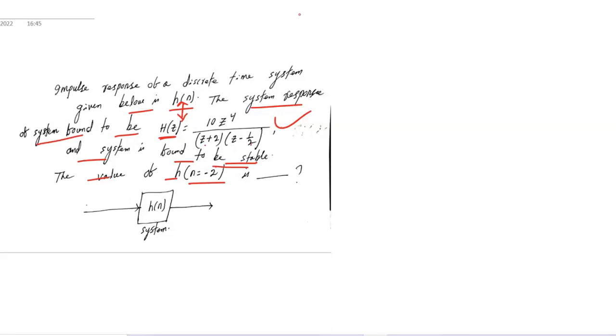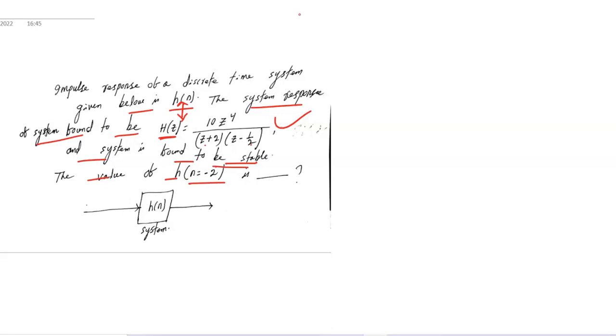The conventional way is to partial fractionize it, then go for the lookup table, then find h(n), then put the value n equal to minus 2. It will take a lot of time, and you know that in a competitive exam like GATE, time is very crucial. So let us demonstrate how we can find it easily with the help of direct integration.